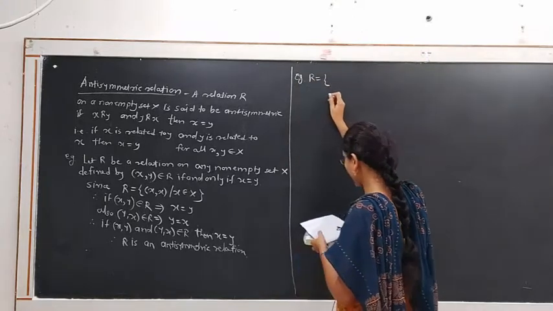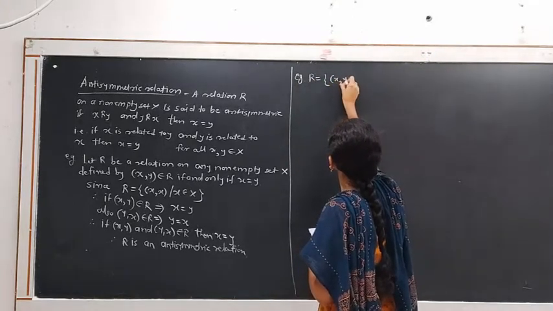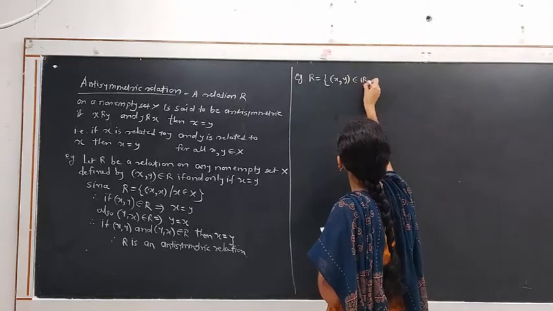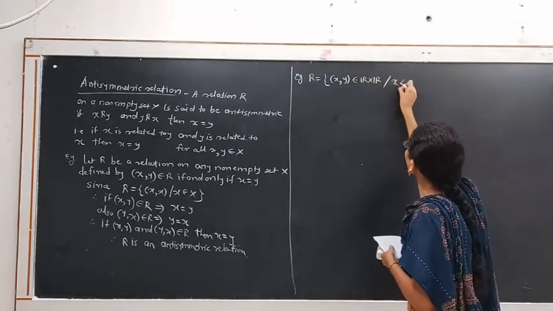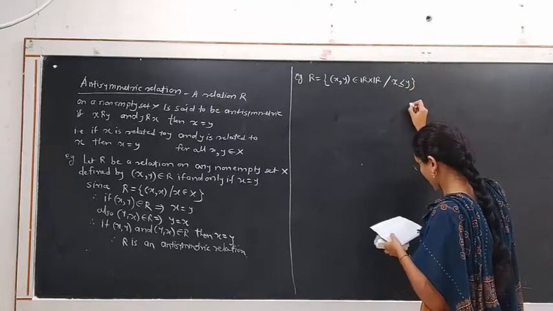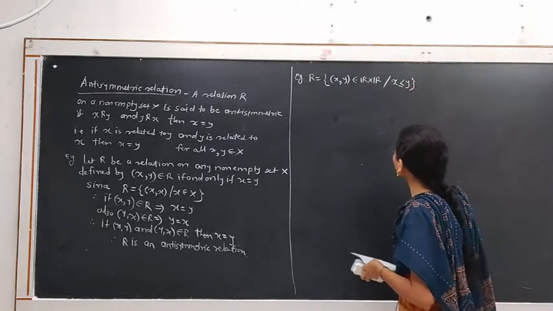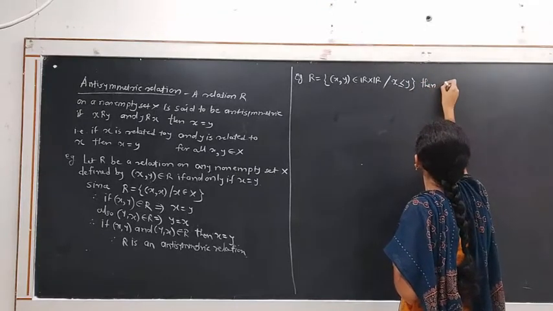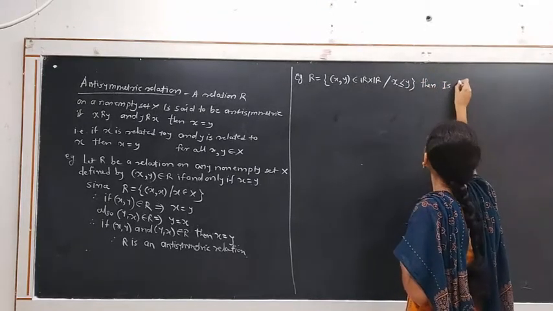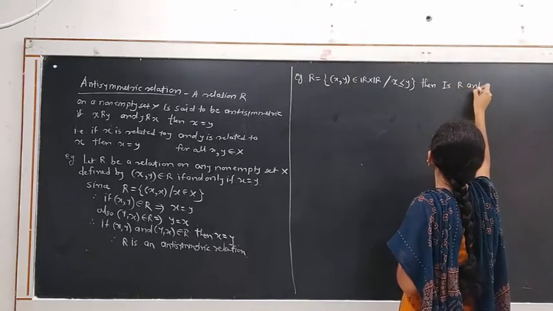Let R be the set of all ordered pairs (x, y) belonging to R cross R, where x is less than or equal to y. Then is R antisymmetric?